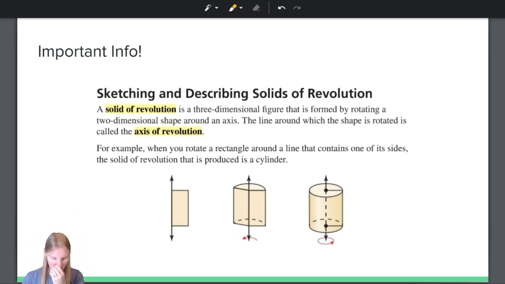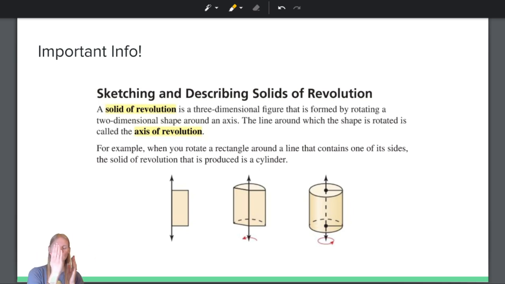Okay, cool. So here is a little example that they're giving you. If you take a rectangle and you rotate it, you turn it around this line, you spin it around, when you get all the way back where you started, you have a cylinder. Cool. If I could bring in my 3D printer and show you in class, it's like you're spinning this rectangle around this line.